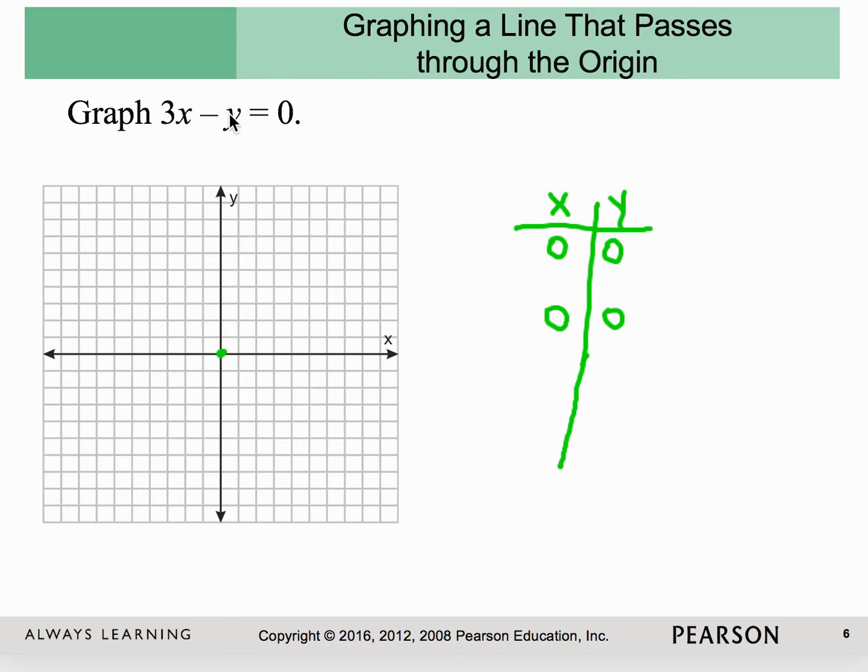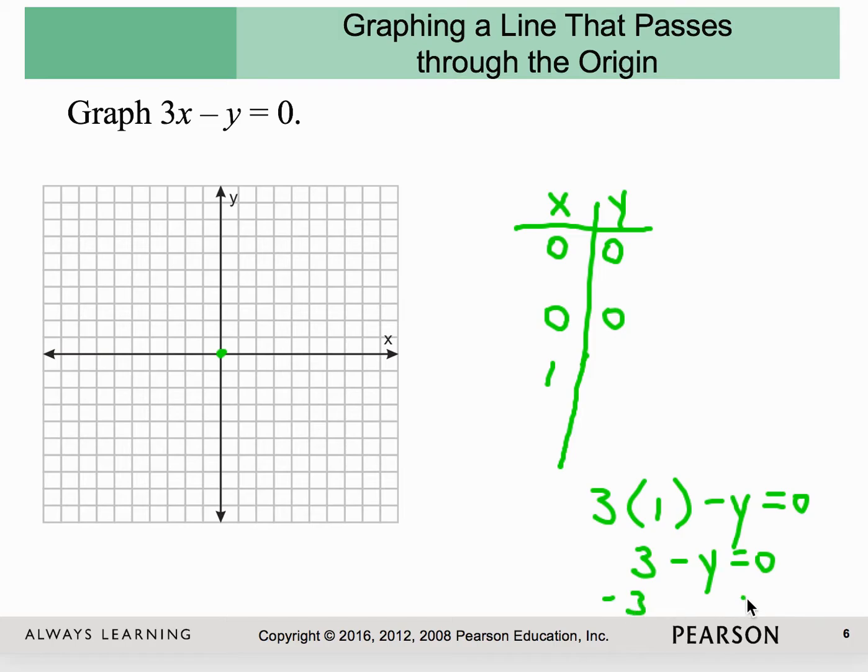Just try to find another point. Plug in anything you want. Let's plug in and let x be 1. Okay, so if x is 1, I'm going to plug it into that equation and solve it. 3 times 1 minus y equals 0. 3 minus y equals 0.